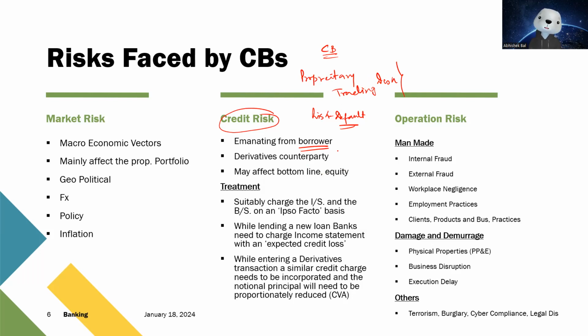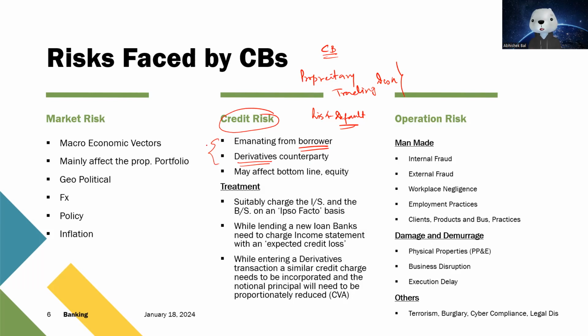And the instruments that these parties may be using are complex derivatives. If that is the case, then here again, the risk of default is very much a reality. So these two are what we understand as the credit risk. Perhaps it's one of the biggest risks that a commercial bank may face.